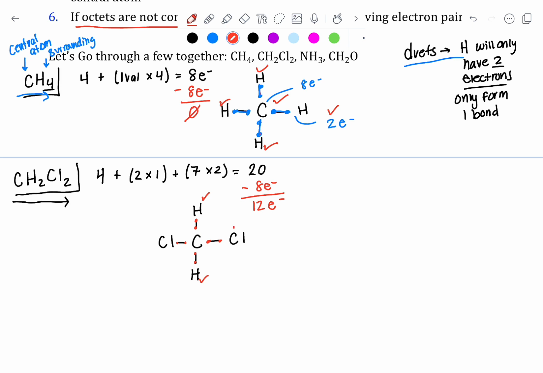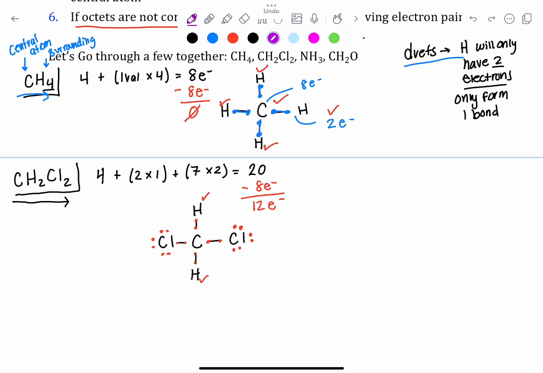So we can put those as lone pairs, 1, 2, 3, 4, 5, 6 on the chlorine. That way when I look at this chlorine, it has 8 electrons. Okay, the same can be done to the other chlorine, 1, 2, 3, 4, 5, 6. And if we do that, then it has 8 electrons.